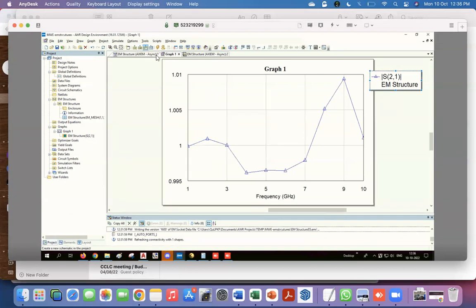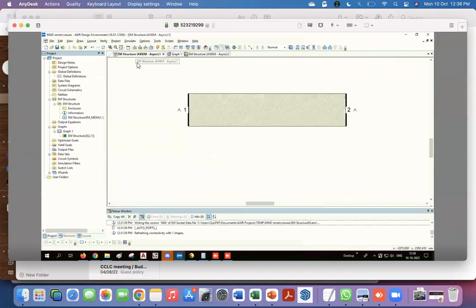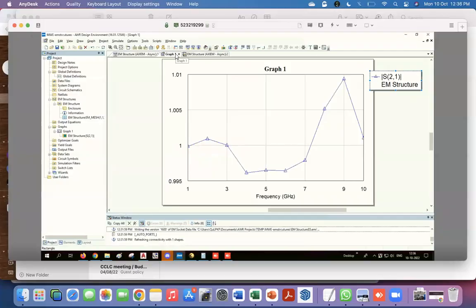What did we make? The expected transmission, some reflection, even in the calculation. Yeah, but at that frequency, we're expecting some transmission, some reflection, depending on the calculation.